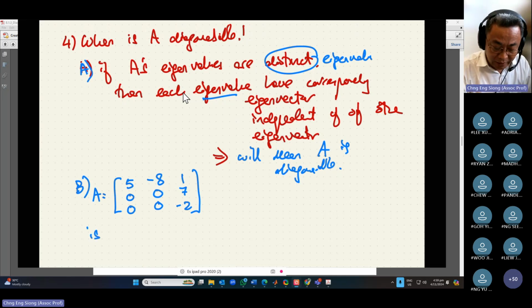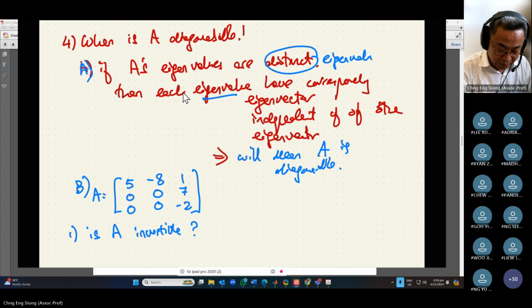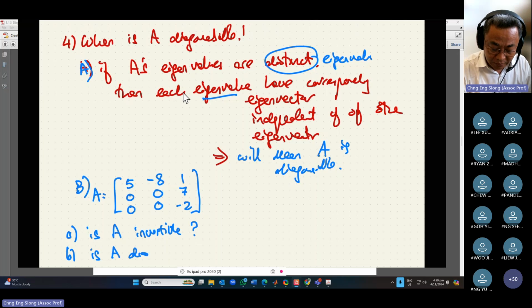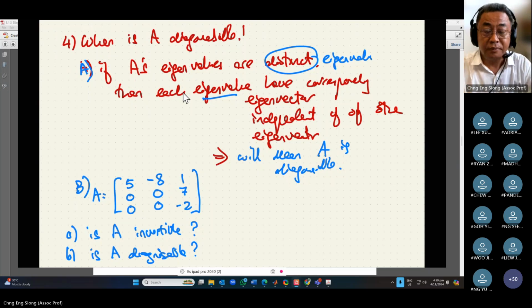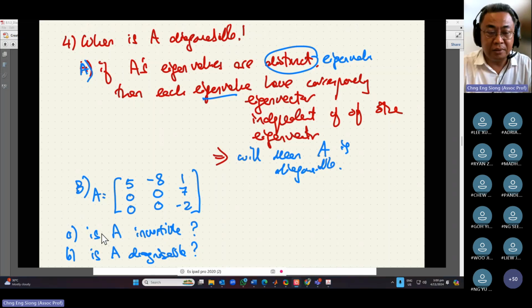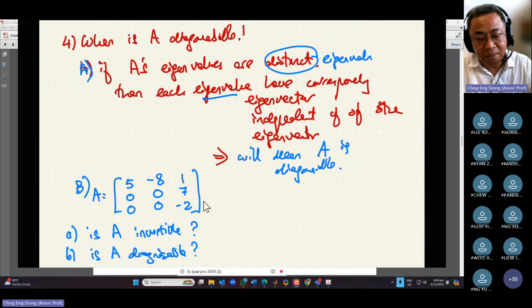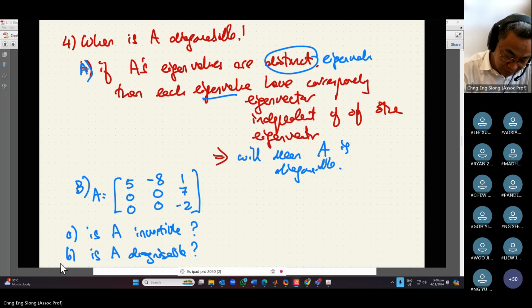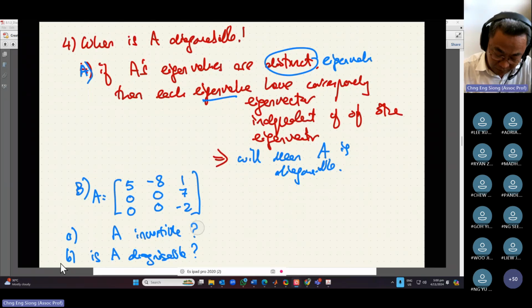Is A invertible? First question. Second question. Is A diagonalizable? So in the quiz, what will happen is this. True, false statements. Maybe I give you a matrix and I say A is invertible.